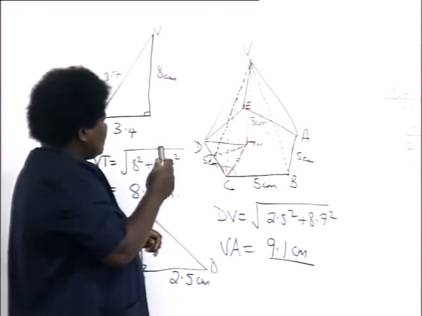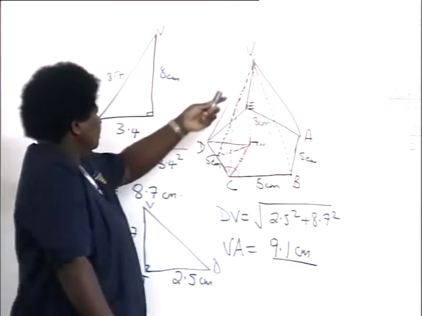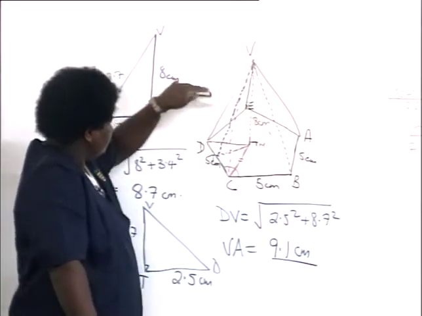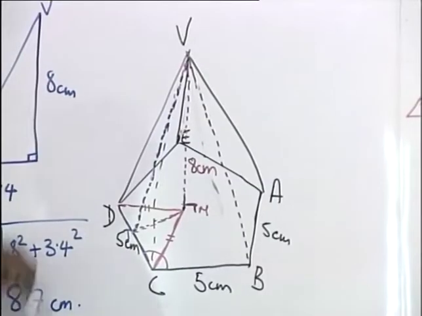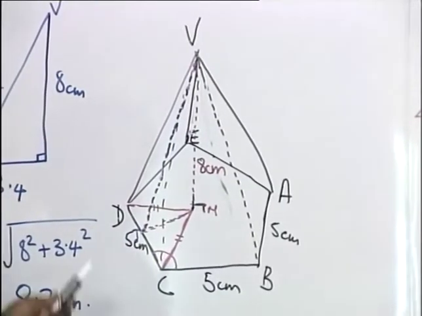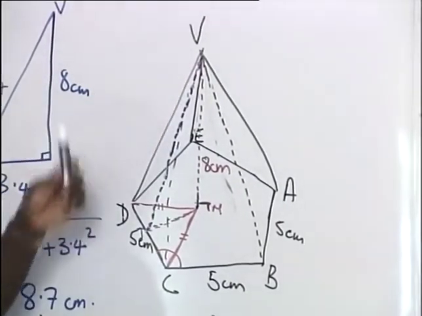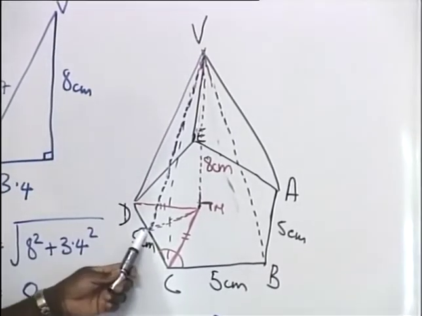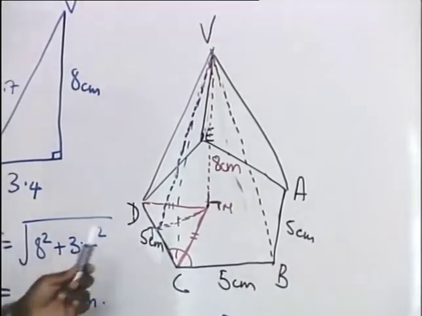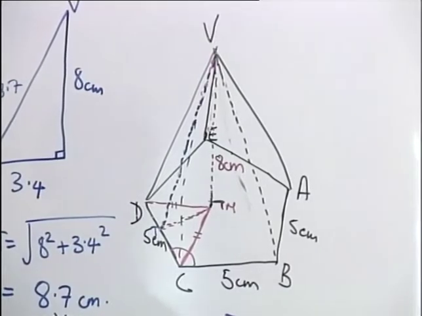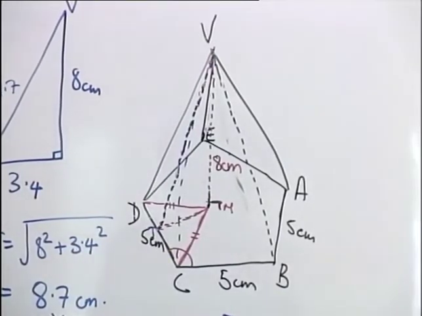And again, that seems correct because dV here is actually the hypotenuse of the triangle DVT, because the right angle is here. Okay, next one.